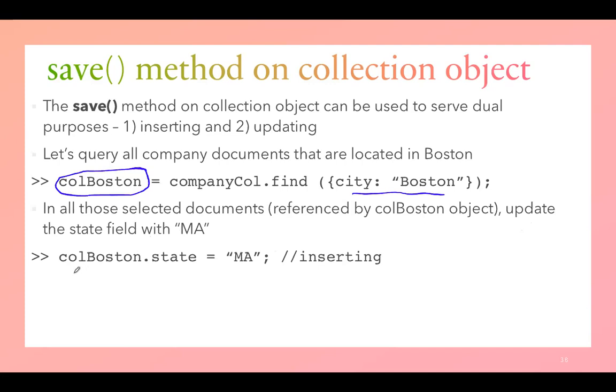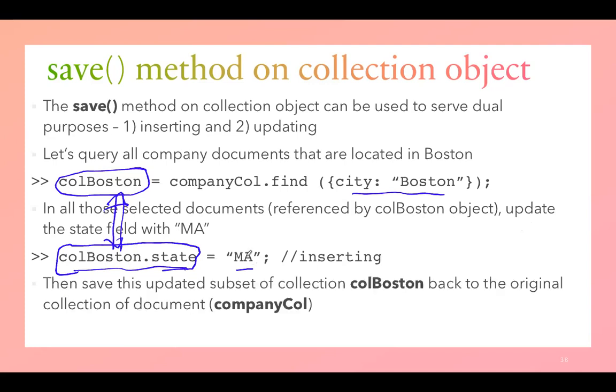So I can create a state field. For example, the state field was not provided for this set of documents. You can create a new state field and provide Massachusetts, MA, and you can do that pretty simply. And then save the updated subset of the collection, right?